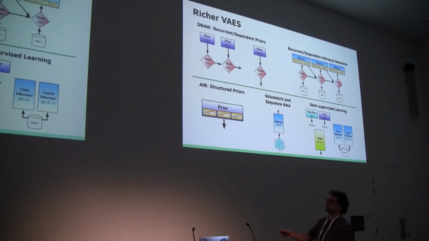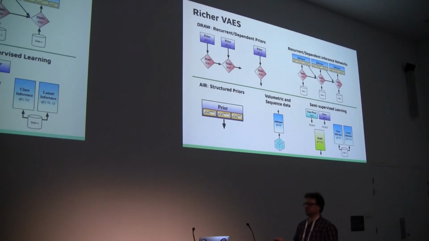You can build recurrent VAEs. One important example is DRAW. You can build recurrent inference networks. You can build autoregressive or tree-structured priors. Of course, these types of models don't really care what the underlying data is. You don't have to apply this to images only.